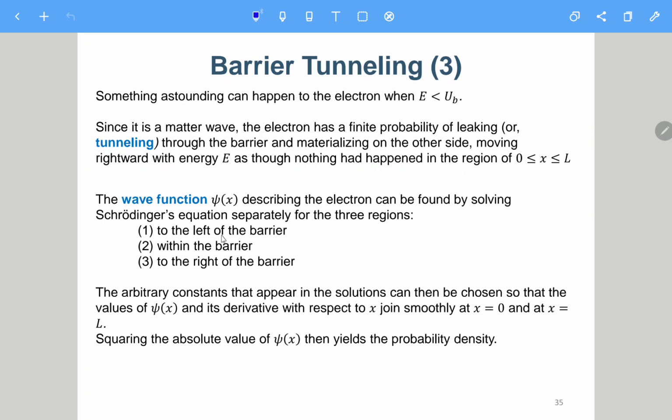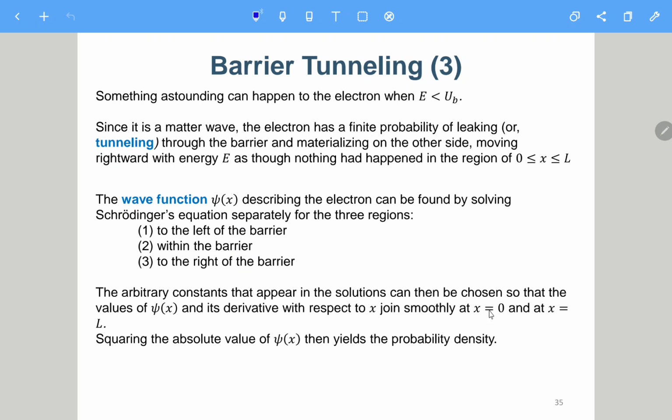The first region is to the left of the barrier, region 2 is within the barrier, and region 3 is to the right of the barrier. The arbitrary constants that appear in the solution can be chosen so that the values of phi x and its derivative with respect to x join smoothly, which means continuous for the wave function and for its derivative.